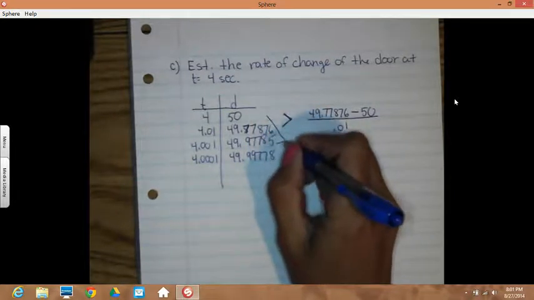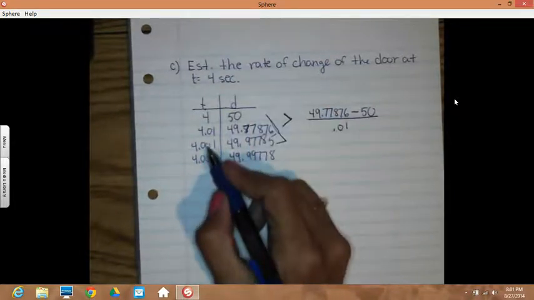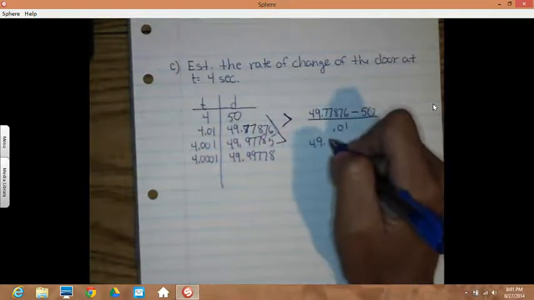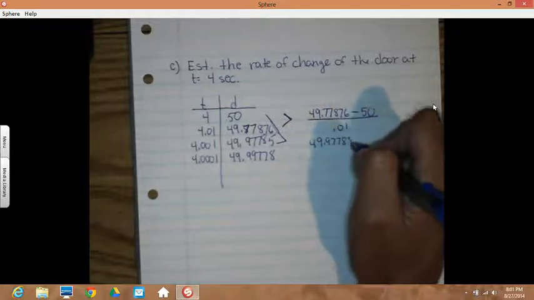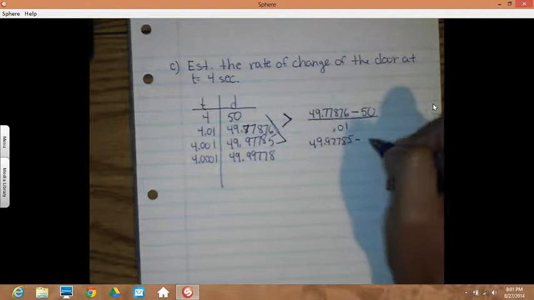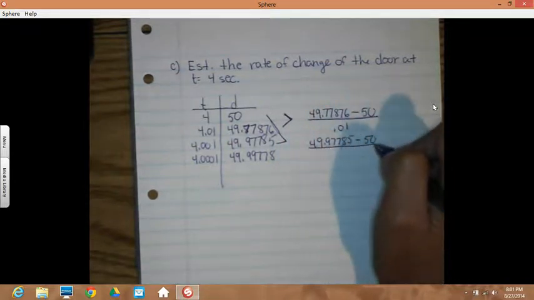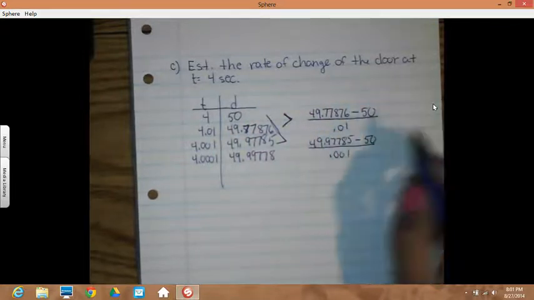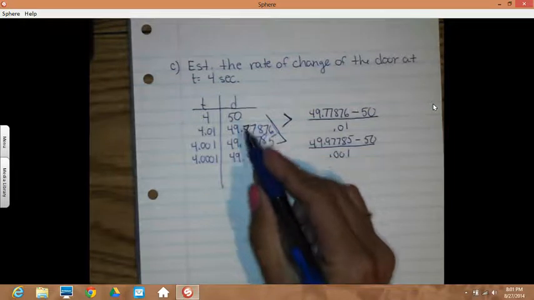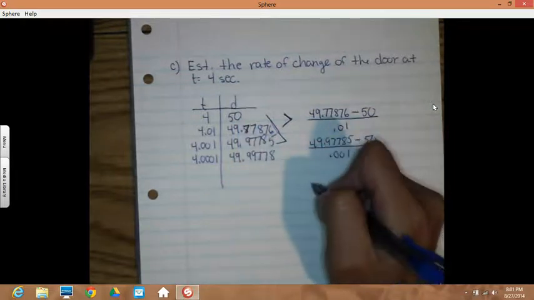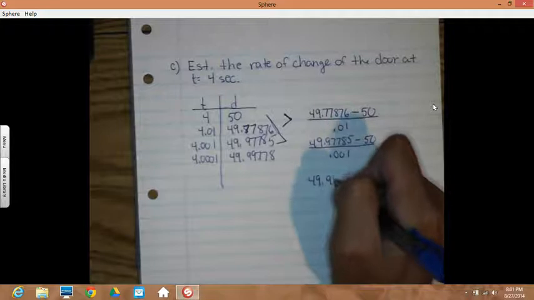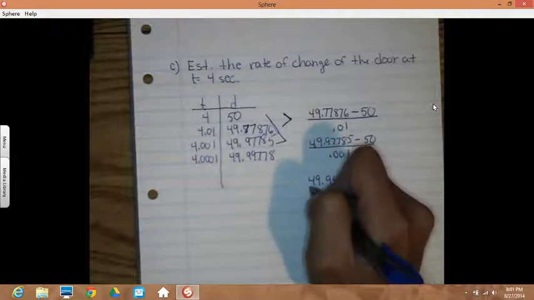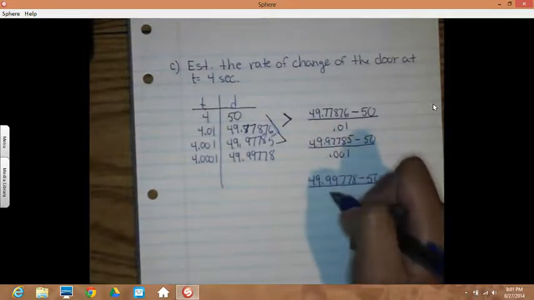Now I want to go with these two, the change from 4 to 4.001. So I'm going to take the 49.97785 and subtract the 50 over my change in time, 0.001, and then the last one, we're going 50 to this last one here, so 49.99778 minus the 50 over 0.0001.